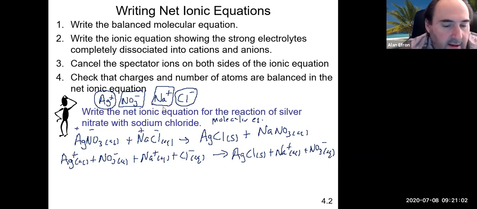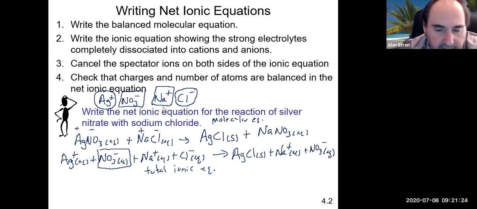All right, so when we look at this, this again is our total ionic equation. And again, we broke apart everything into ions that could go into ions. Anything that's a solid, a liquid, a gas, or a weak electrolyte kept together. When we look on both sides, we do see the nitrate on the left matches the nitrate on the right.